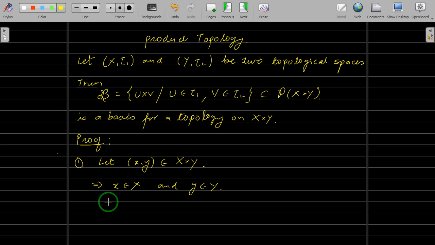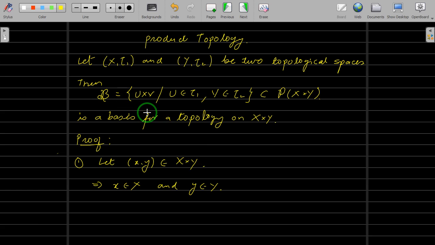Yes, all right. So (x, y) belongs to X cross Y means x comes from X and y comes from Y. Now we have to get some basic element from this set. What will be that element?